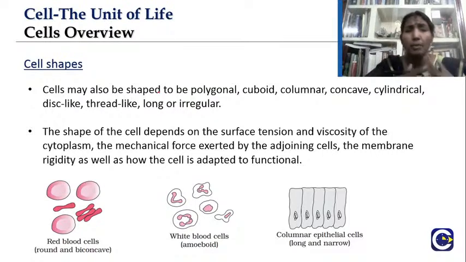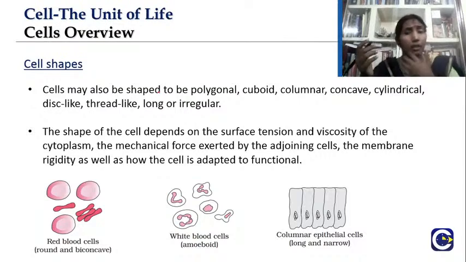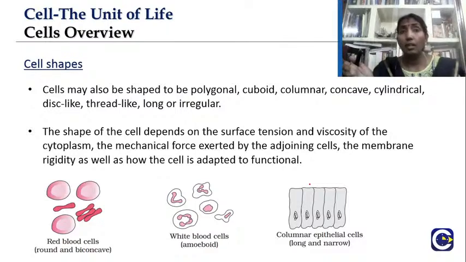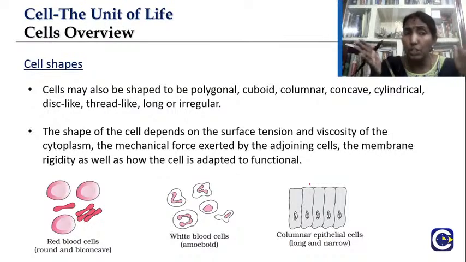Those WBCs don't have a perfect shape, but they are amoeboid. Like I said, the columnar epithelium, sometimes they may be thread-like, long, irregular or disc-shaped cells. Cell shape may vary, but the shape of the cell depends on certain things.